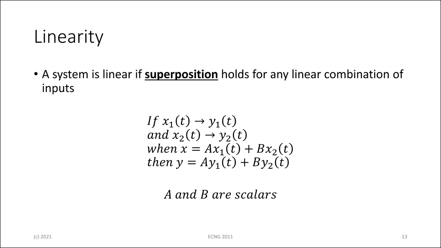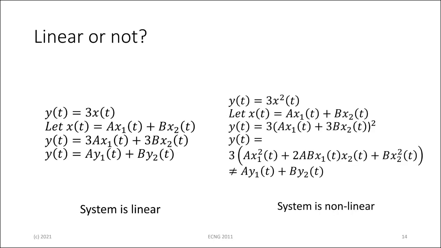And A X1 is supposed to give me A Y1, and A X2 is supposed to give me A Y2, and so on. All right? Where A and B are scalars. Now that is important for us because if superposition can't hold, in many instances, most of our analysis is impossible to do. So you got to look at these kind of things right here.